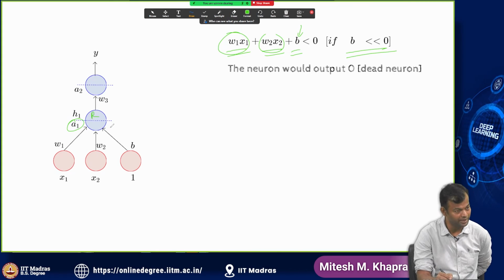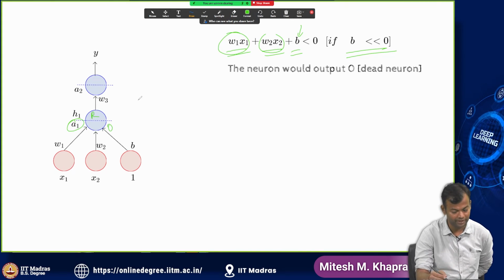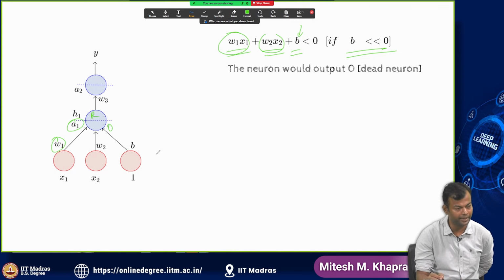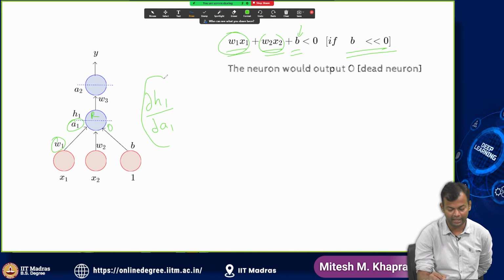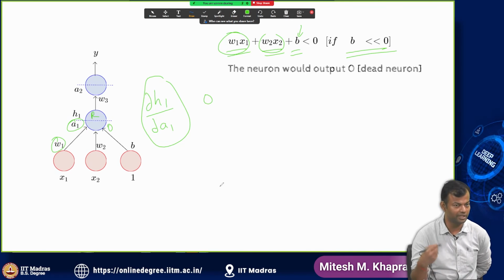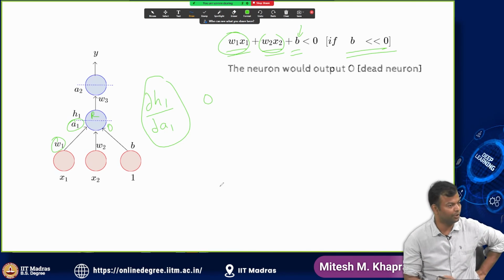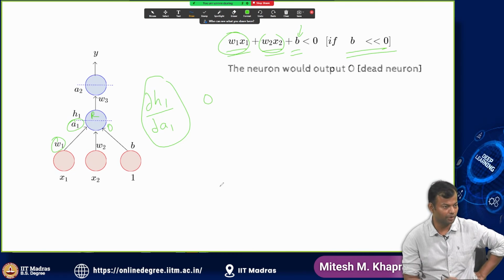So if this is 0, then the derivative is going to be 0. So when you are trying to update W1, at some point in the chain you have this derivative of H1 with respect to A1, and that derivative is going to be 0, right? Which means the derivative of the loss function with respect to W1, W2 is going to be 0, and also with respect to B is going to be 0.